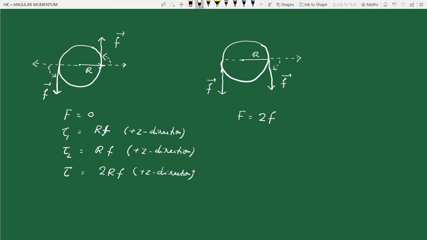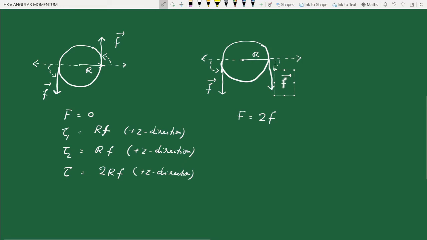And when you consider this case, we have already seen, R cross F is this, the sense of rotation is anti-clockwise, so the torque is in the plus Z direction. So the torque due to the force on the right side will be RF in the minus Z direction, because the sense of rotation from vector R to vector F is clockwise, right?